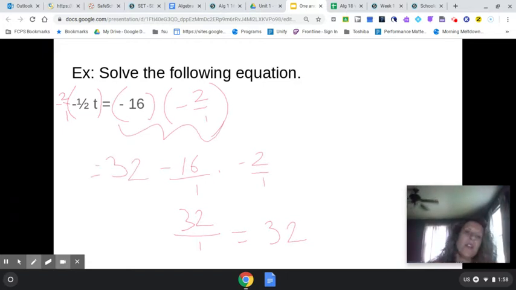And over on the left side, if we look, the -2/1 times -1/2, those items will cancel out. That's just 1. So 1t, I don't have to write the 1, so I'm just going to say t equals 32.